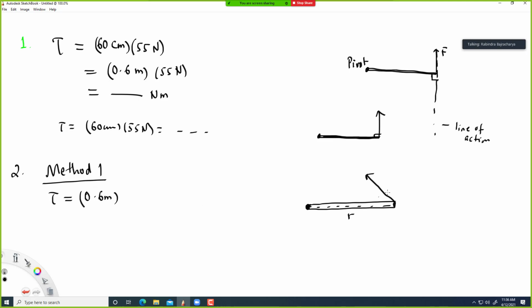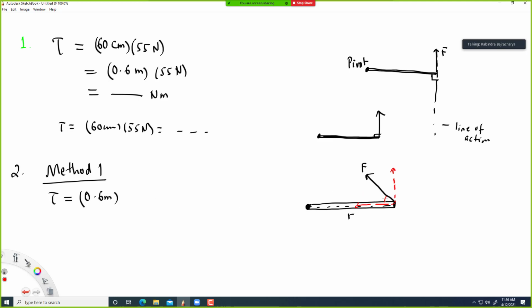And then split this force into two components, this component and this component, y component and x component. So, see which is their angle. This one does not give the angle. So we do not have this angle in this case. That means we cannot use method 1.